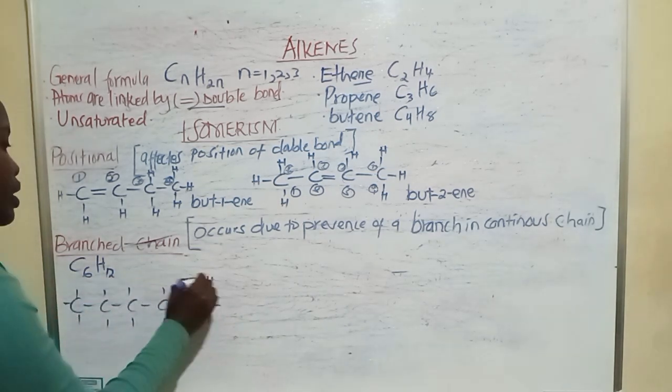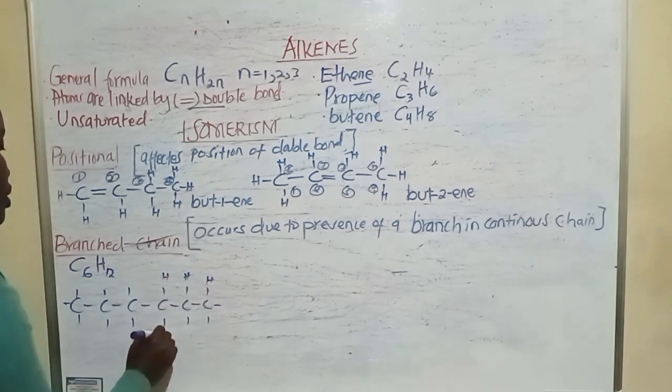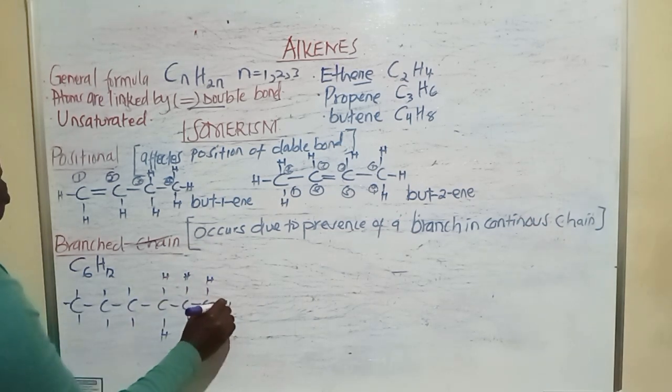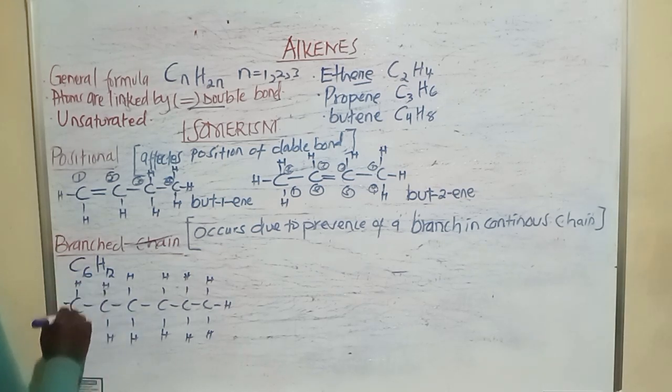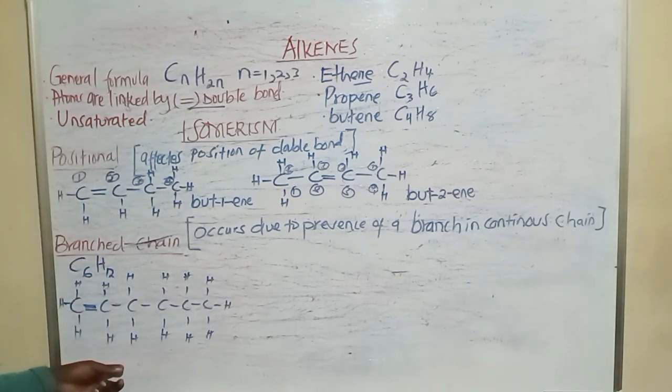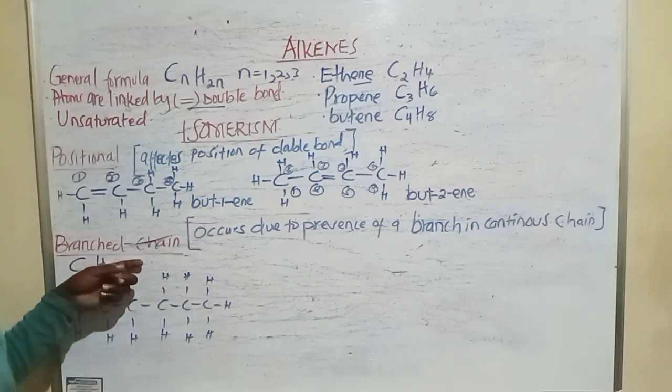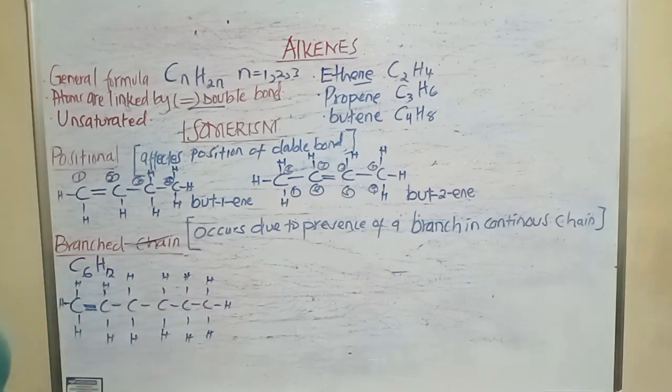So here we have hydrogen, hydrogen, hydrogen, like that. Now we have a double bond there. We cannot put it there. Now this is our hexene. So let us look for the branched isomer of hexene. You can say it's hexene or hex-1-ene, because of the position of the double bond.